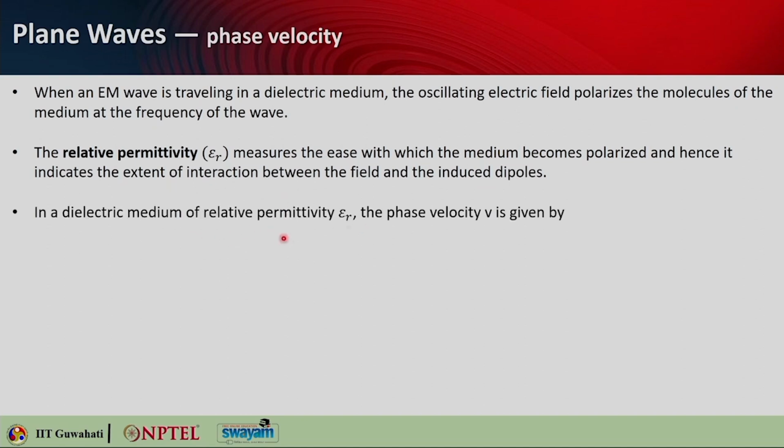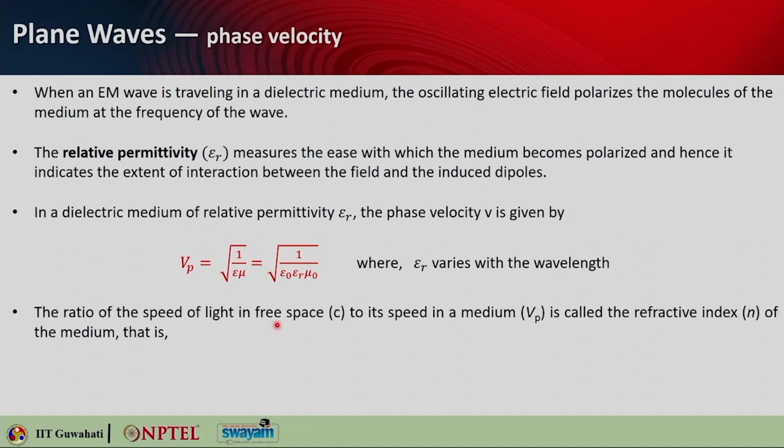If you consider a dielectric medium with a permittivity of epsilon r, you can write the phase velocity Vp as the square root of 1 over epsilon mu. Epsilon is nothing but epsilon naught times epsilon r, where epsilon r is the relative permittivity. In this case epsilon r also varies with wavelength. So this will be the phase velocity.